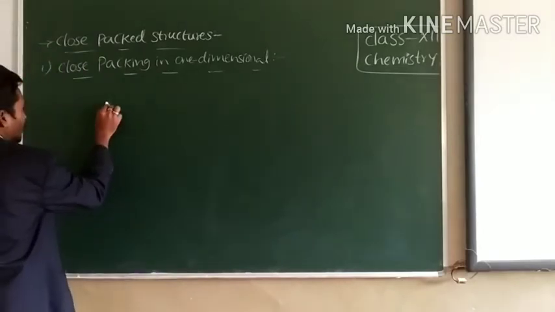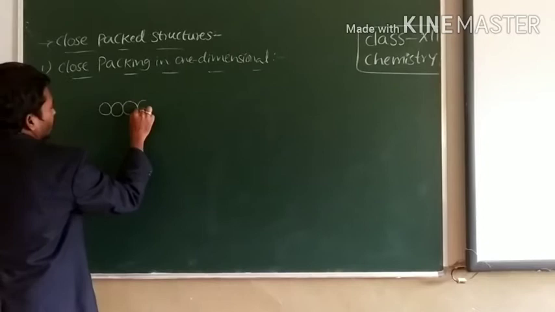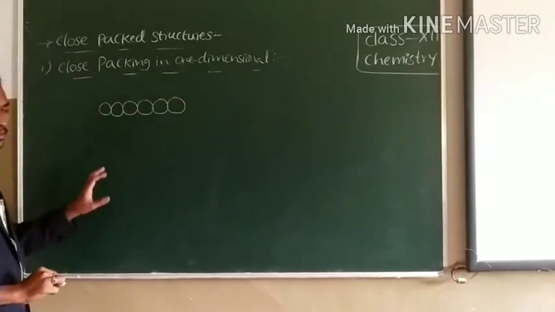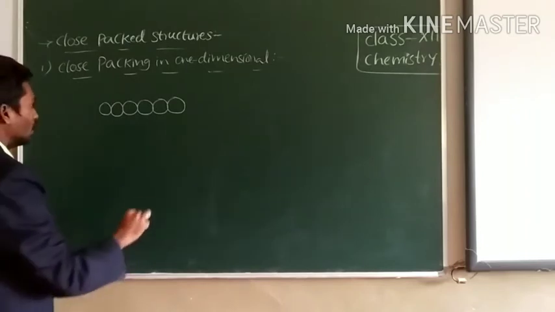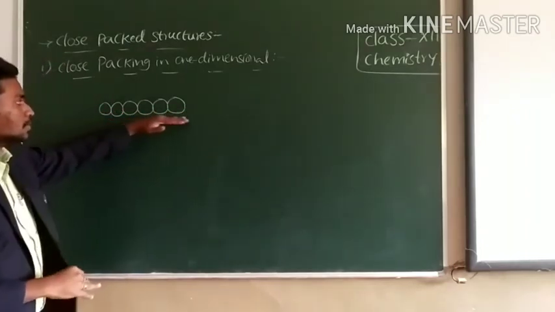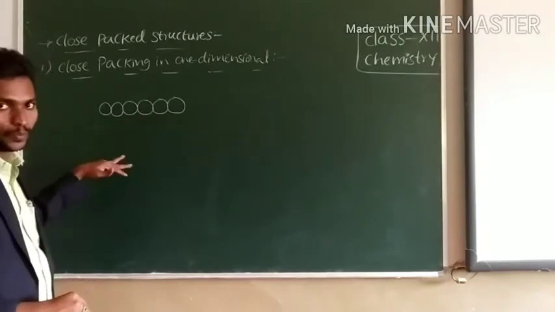We can arrange them something like this. For our convenience, we are assuming these spheres as atoms. This is the way we can arrange atoms in one dimension. So we place all the atoms in a row.